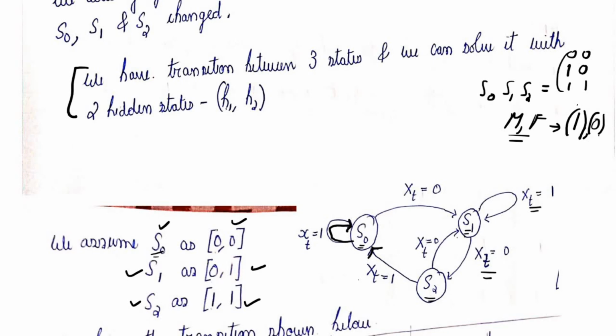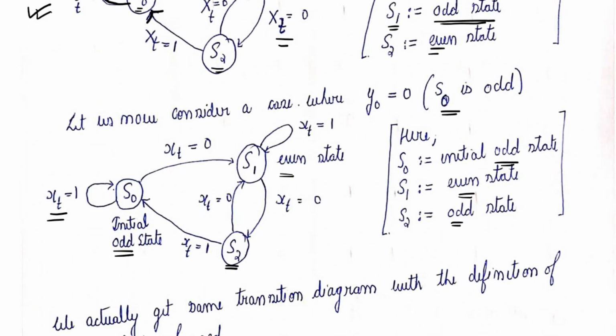Like we assumed S0 to be a vector of 0, 0 and S1 as 0, 1 and S2 as 1, 1. And the reason for assigning the vector is because we were able to uniquely identify three states which will be representing the entire transition from one state to another, like based on where we are at now or based on the current value of yt and the future value of xt, we will be able to tell what the future value of yt plus 1 will be.